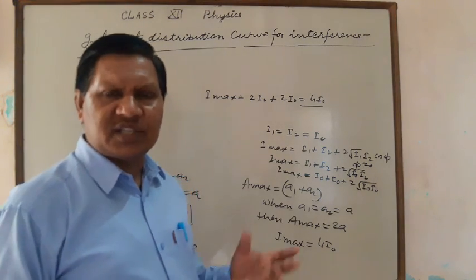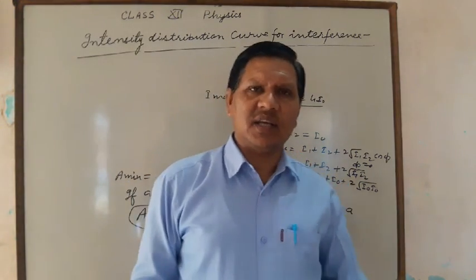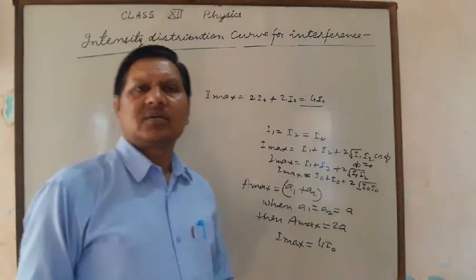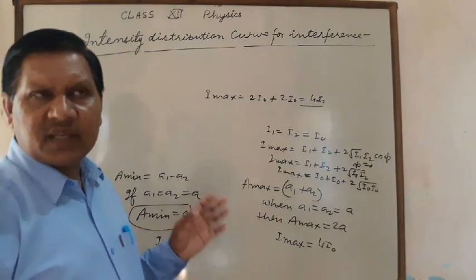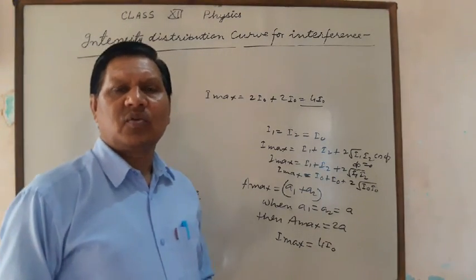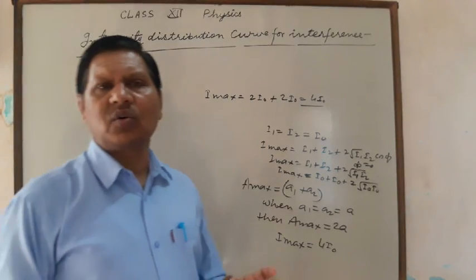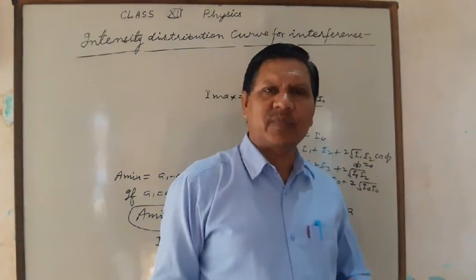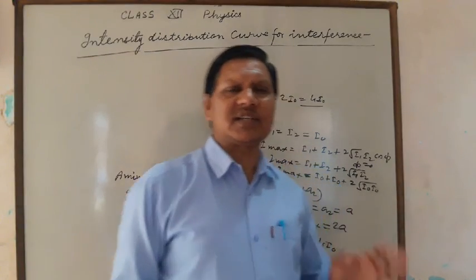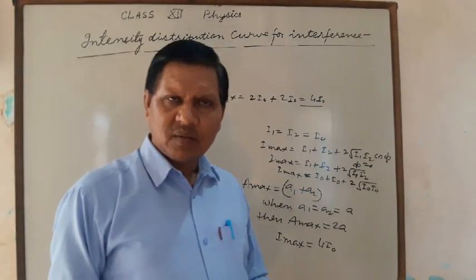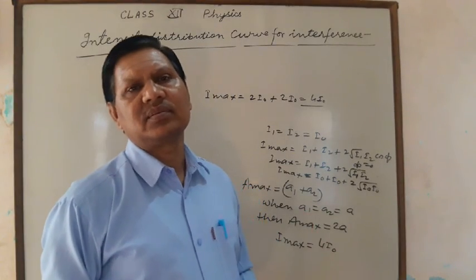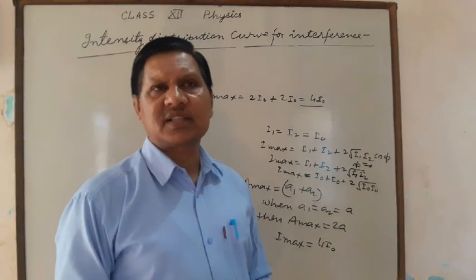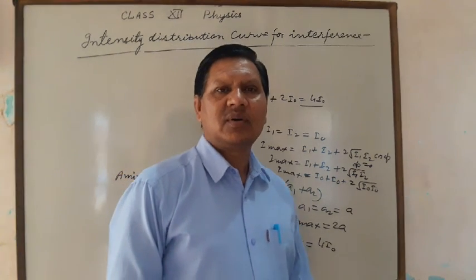According to conservation of energy, we know that energy can neither be created nor destroyed. So here, in case of interference, we see that when two waves of same amplitude are superposed, then intensity at some point becomes maximum, 4 times the intensity of any wave, and at some points intensity becomes zero.